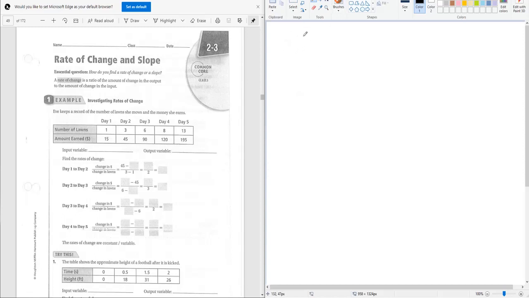Before, the way I had you do it was y is equal to something, your rate, times your x, plus whatever you started with. If you don't remember this, it should at least look a little bit familiar. If not, we can review it more.